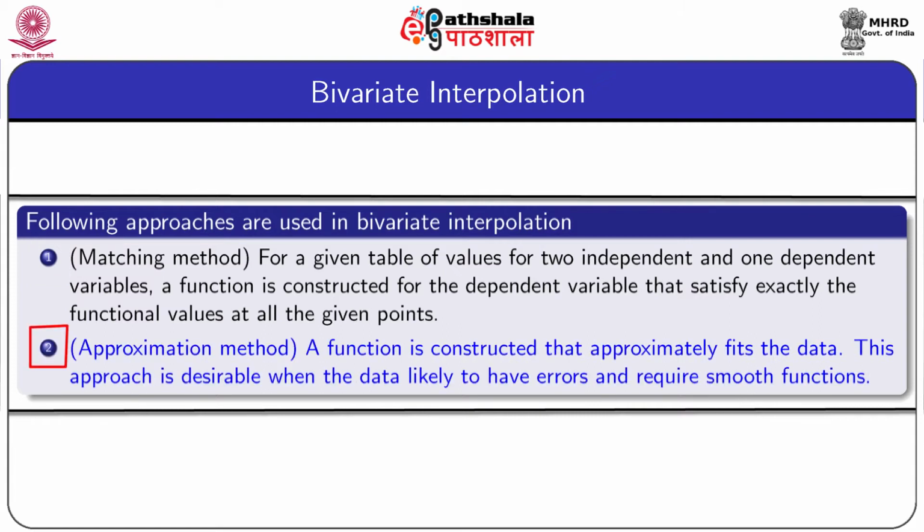And in the approximation method, a function or a polynomial is constructed that approximately fits the data. That means the fitted curve does not necessarily pass through the given points. This approach is desirable when the data is likely to have errors and requires smooth functions.